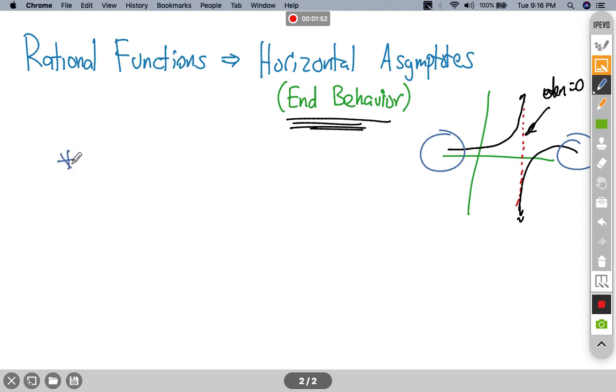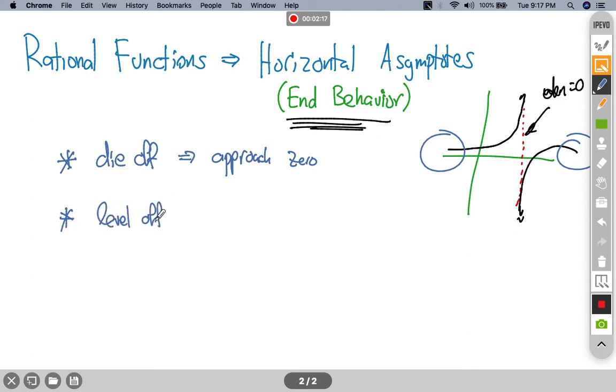So case number one, it's going to die off, or approach 0. We can have level off, where we approach some number.